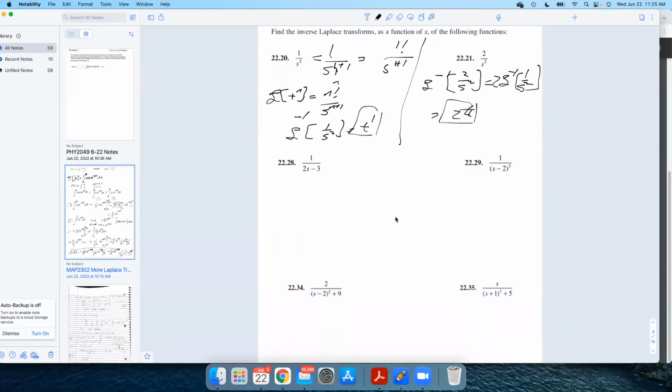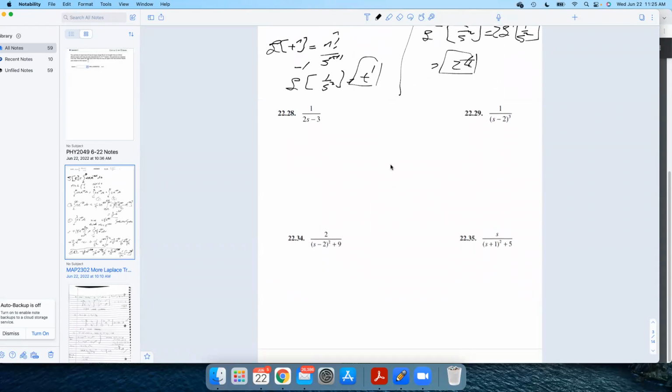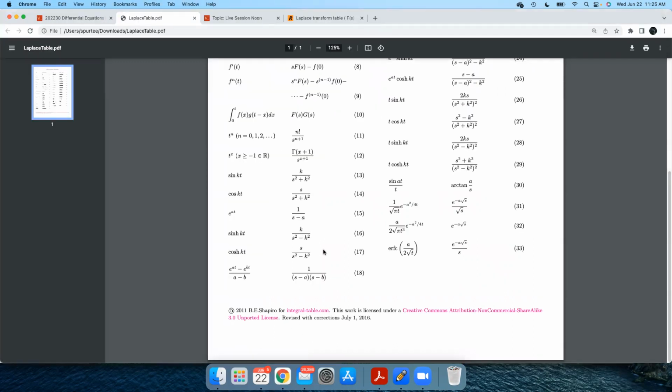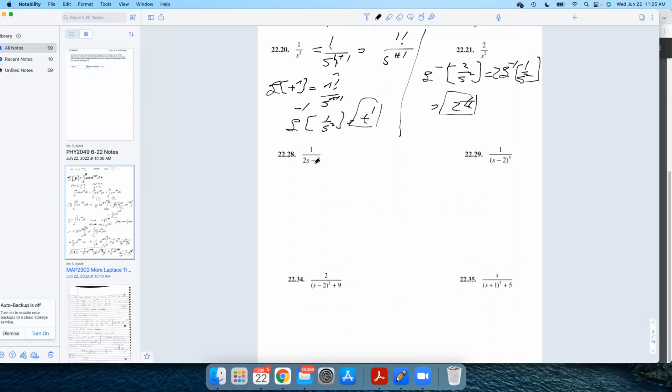Okay, now we're going to have to start doing a little more work. You're not going to find anything in the table that fits that perfectly. The closest I have is this guy right here, 1 over s minus a. I've got a 2s minus 3. I've got to get rid of that 2.